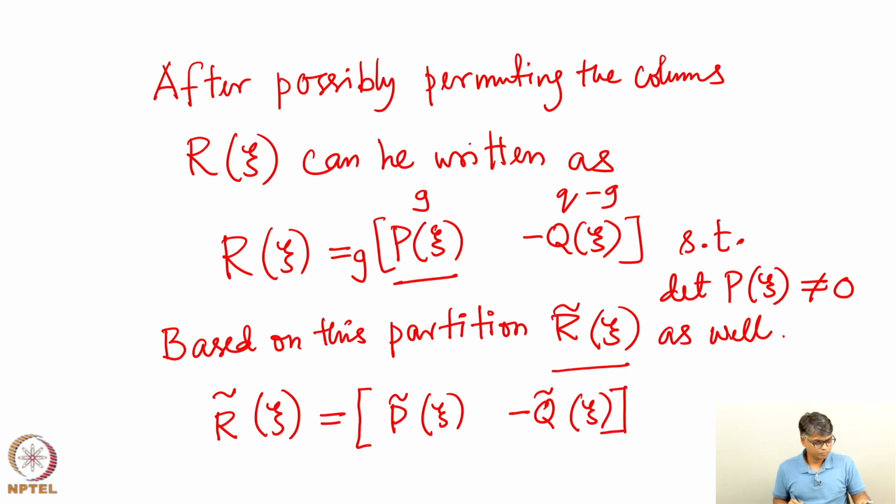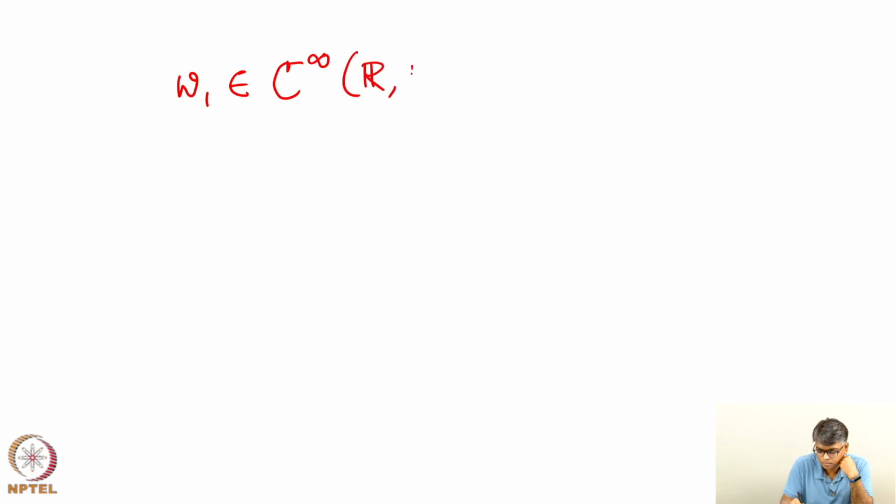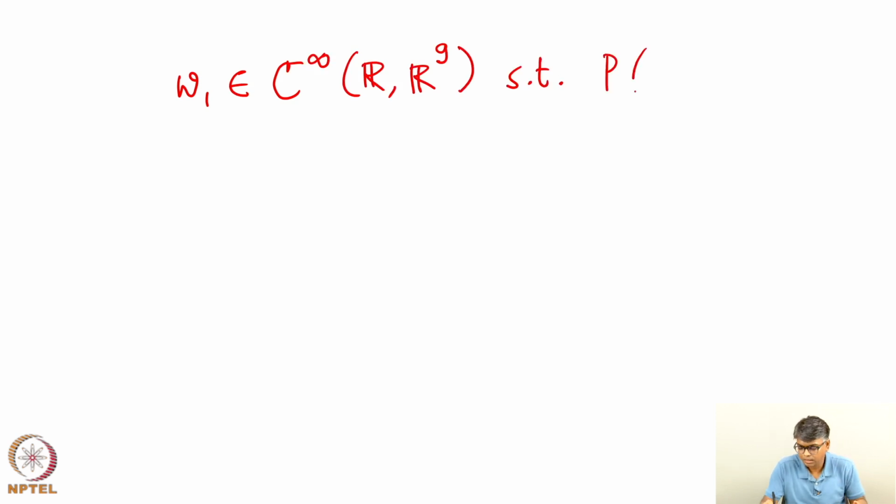Now, let us just take a W1 from C infinity, such that P(ξ) W1 is equal to 0.